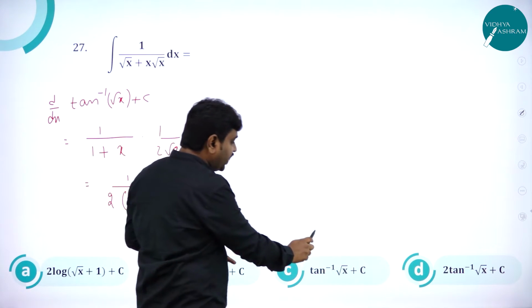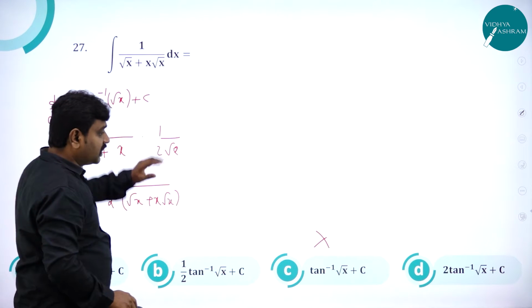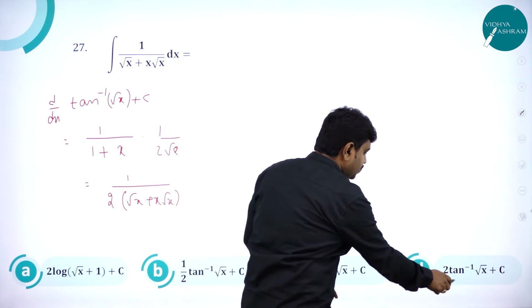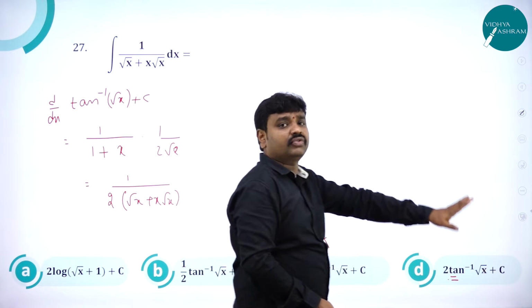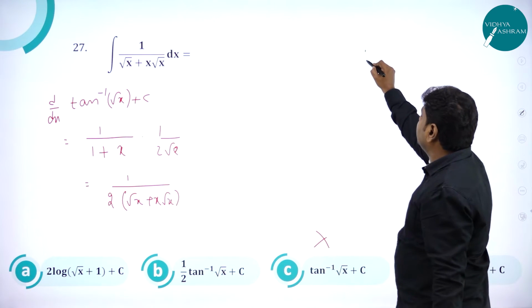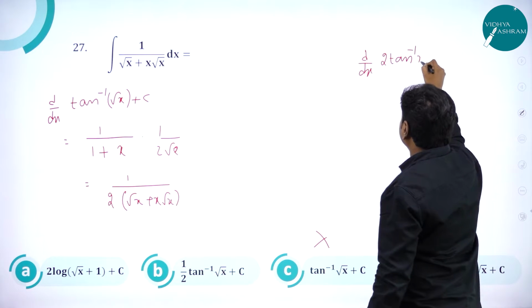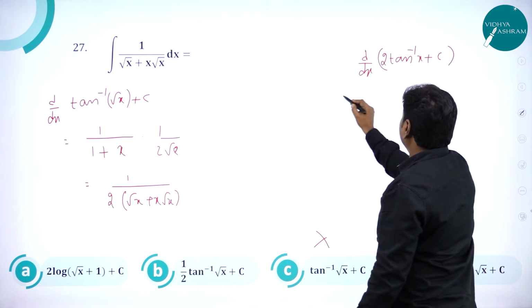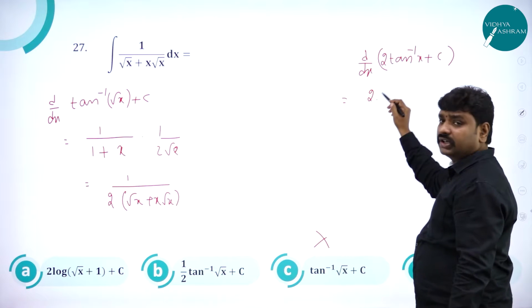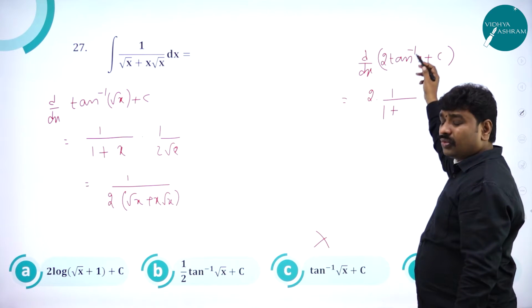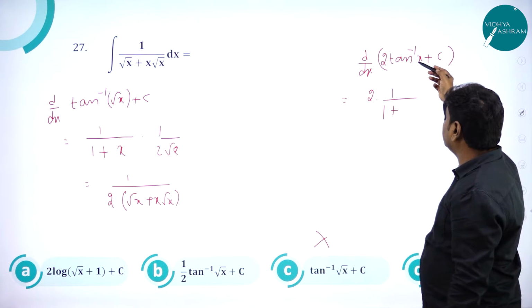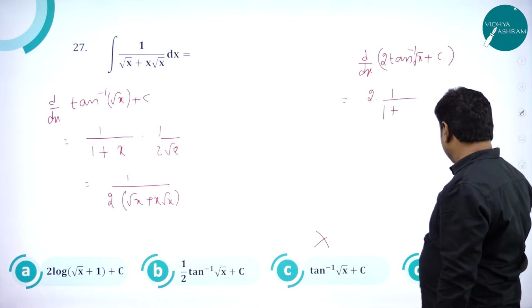So when this failed, with the knowledge of this, I will select this. You differentiate this, you have to get the answer. So now d by dx of 2 tan inverse root x plus c. Derivative of 2 is constant, derivative of tan inverse x is 1 by 1 plus x square, here it is root x.